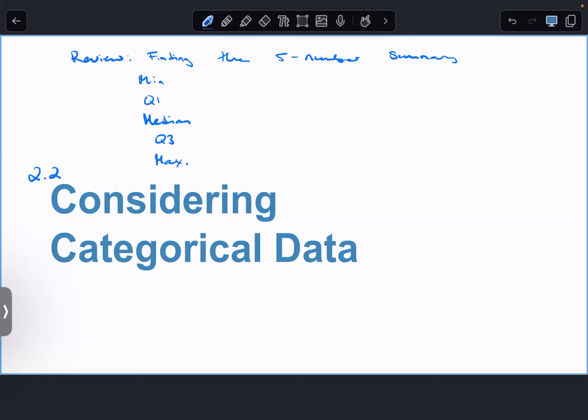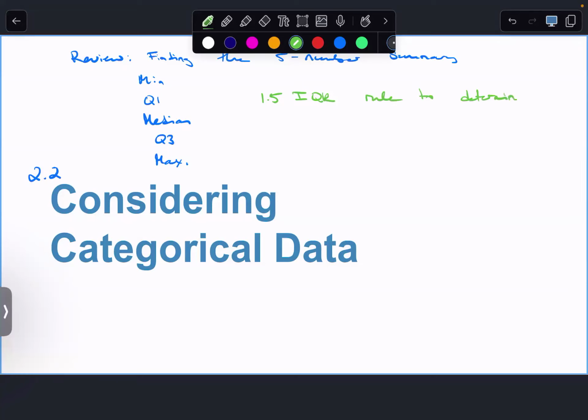And then we use the 1.5 IQR rule to determine if there are any outliers.